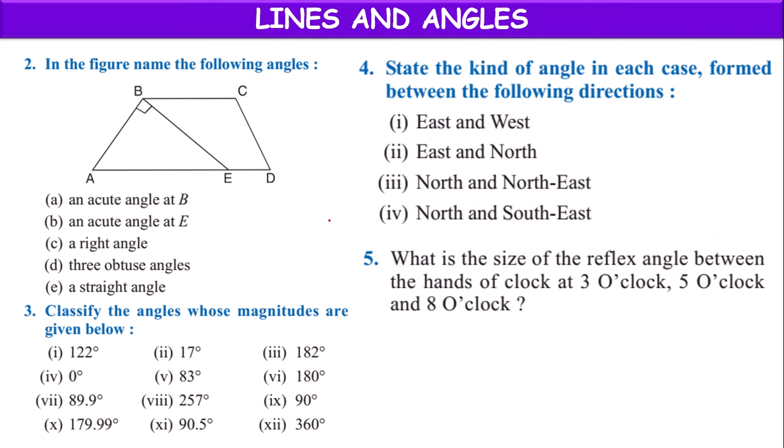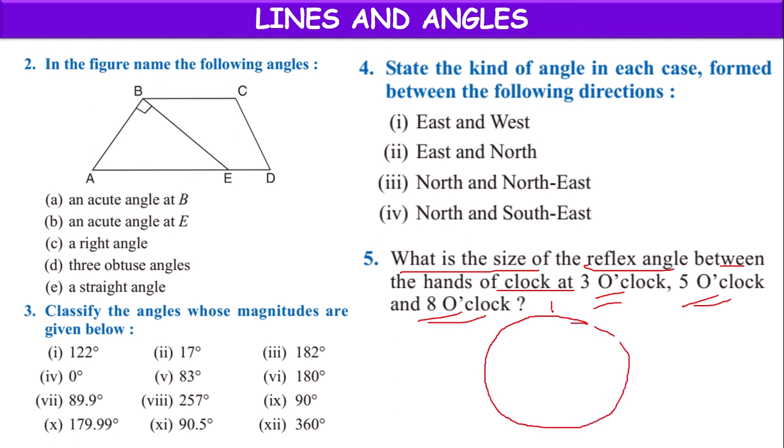Next one. What is the size of the reflex angle between the hands of a clock at 3 o'clock, 5 o'clock, 8 o'clock? If this is the clock, we will have some numbers marked on the clock. 12, 3, 6, 9 will be marked.